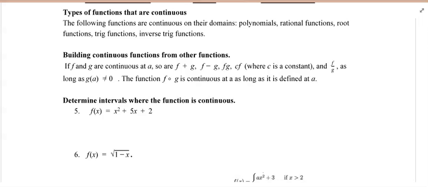Determine whether these functions are continuous. F of x is equal to x squared plus 5x plus 2. Now, this function is a polynomial function. So remember what the definition of polynomials are.